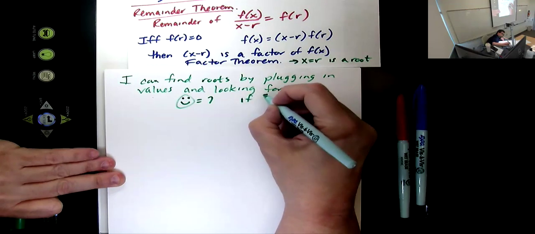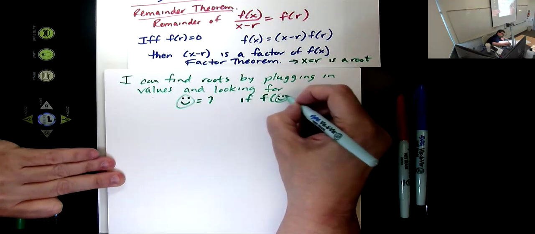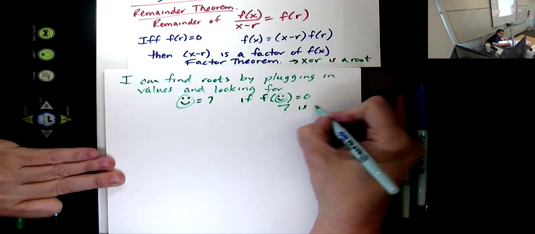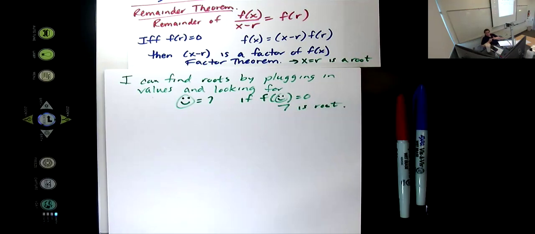If f of smiley face equals 0, then 7 is a root. A root means the graph crosses the x-axis at that point. We'll go into that when we do the graphing, but it's good to see where we're going with it.